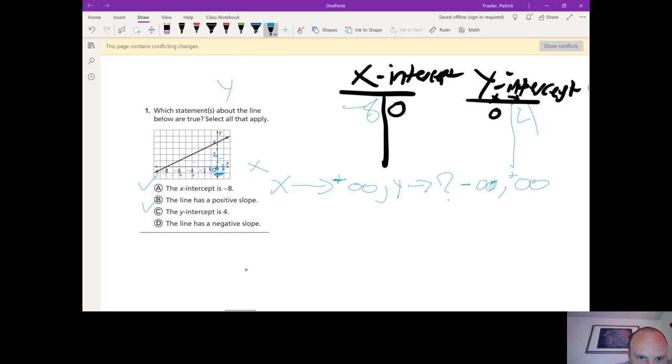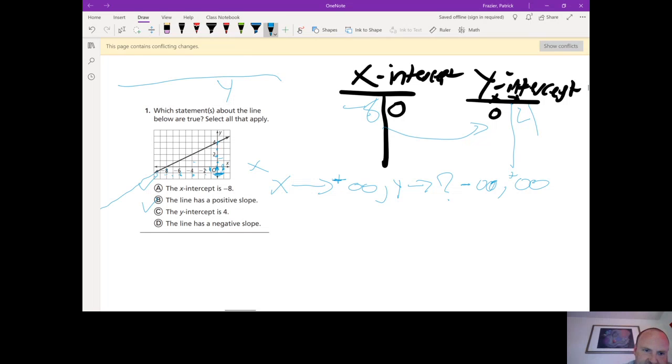At -4, we're at 2. If we jump up to our y-intercept, when x is 0, after going -8, -6, -4, -2, 0, that is getting bigger because we're going towards positive infinity.